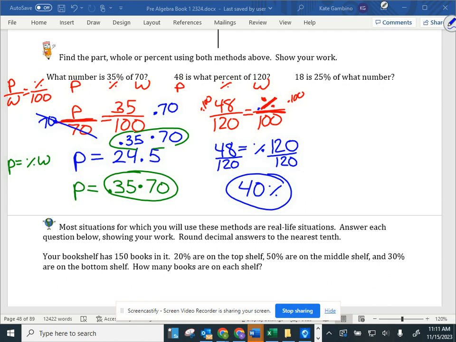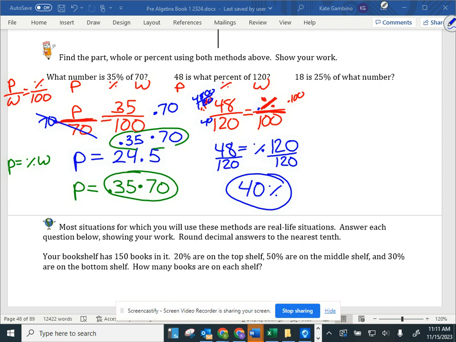So, I see some confused looks. If we have 48 times 100, we get 4,800 divided by 120, and we get 40. Because we divided that by the 120, we get 40. So that is our percentage.